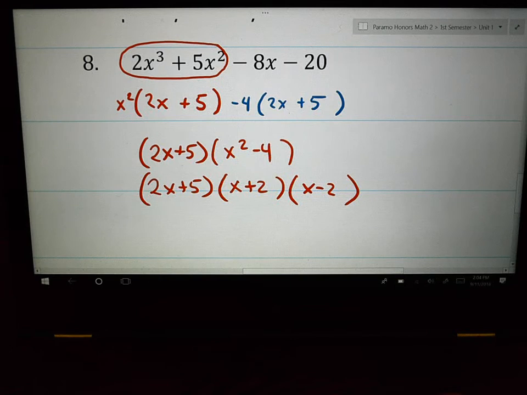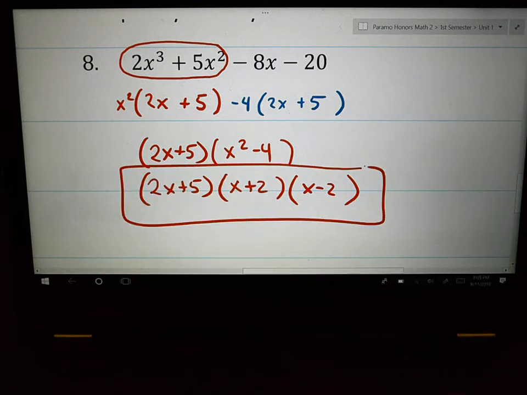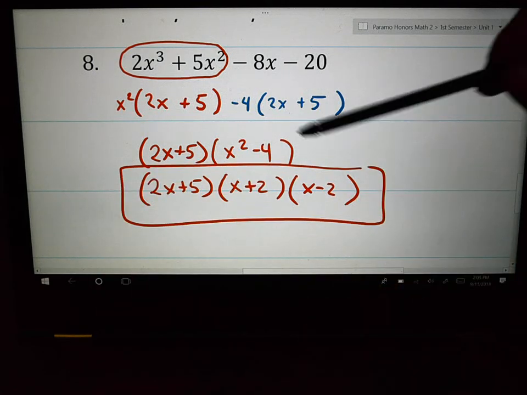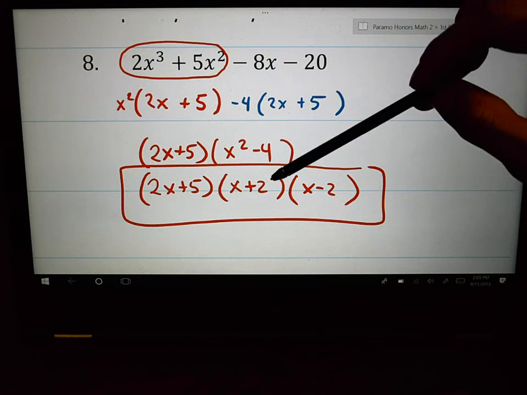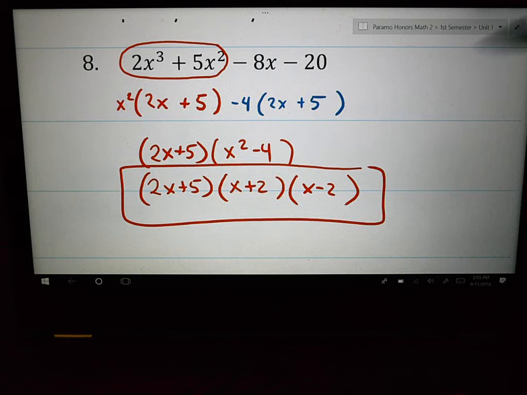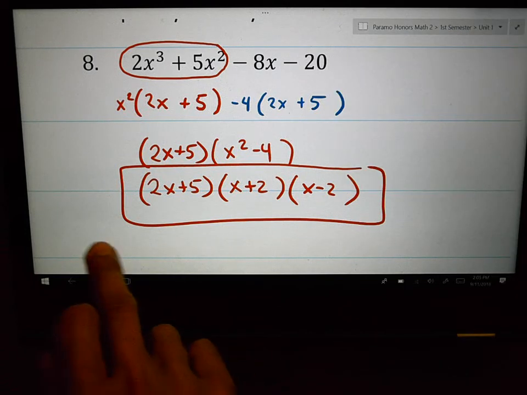X minus 2 times x plus 2 is the same thing. Is this factored completely? Yay! And sometimes they will do that. By the way, these are the minus ones. When you don't see it, if you forget to factor something, it's either a minus 1 or a minus 2 depending on how you show your work on the other parts.